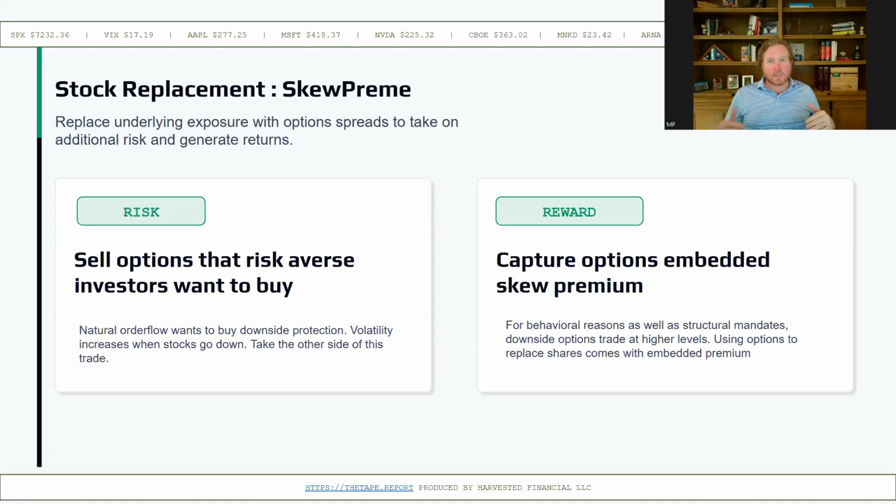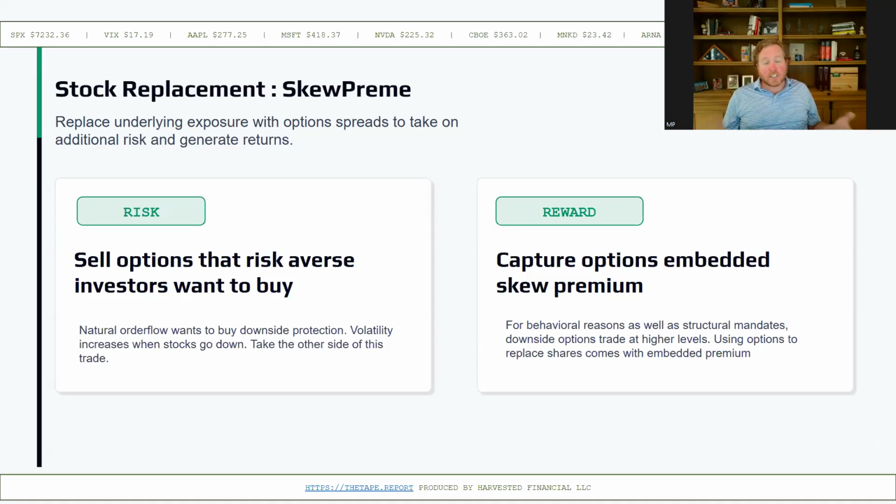Now, there are stocks we can look at, sometimes it's a Tesla or an Nvidia or a GME would be famously extreme, where the call options are trading above the put options. And part of the reason we like doing this in indices is because that skew is fairly persistent. And so we get that skew premium by taking on that additional risk. Now, that additional risk doesn't come out of nowhere.